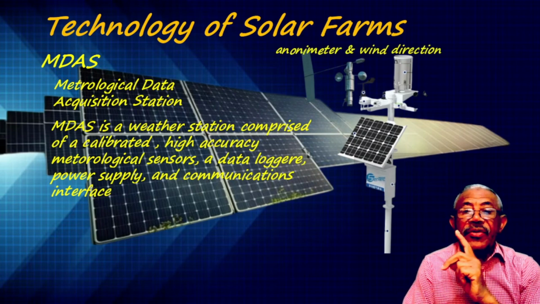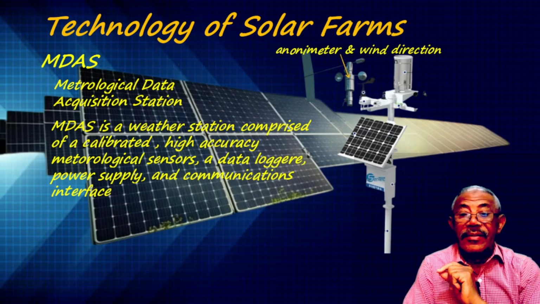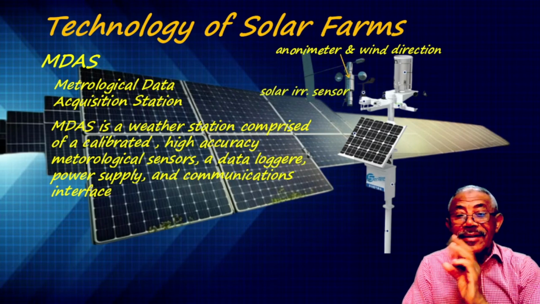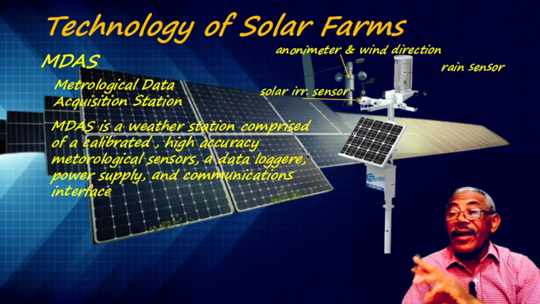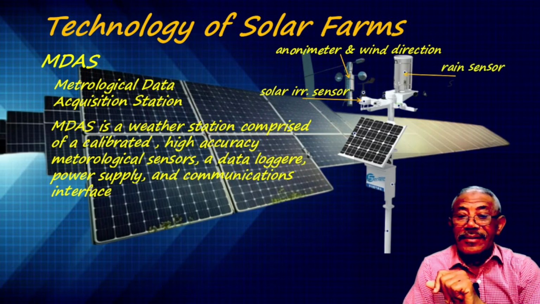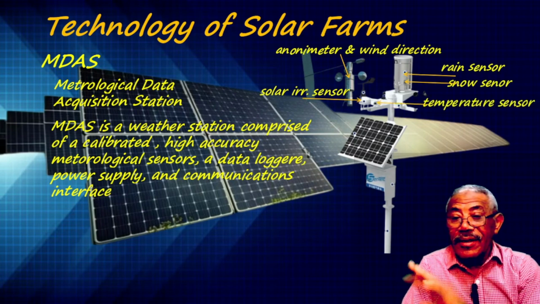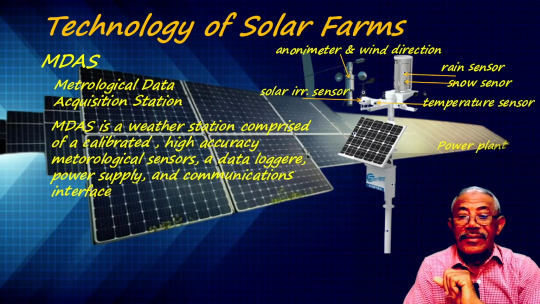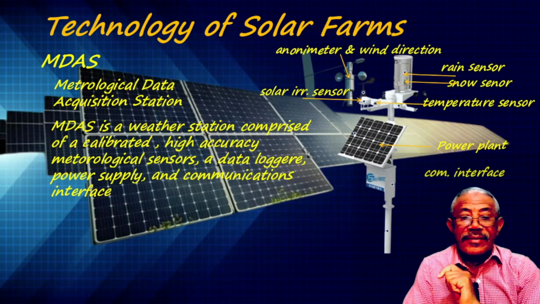It is composed of anemometer and wind direction, solar irradiance sensor, rain sensor, snow sensor, temperature sensor, a power plant and communication interface.